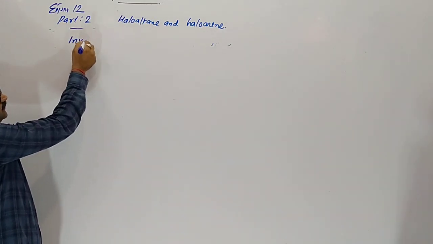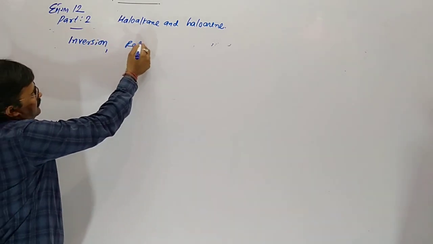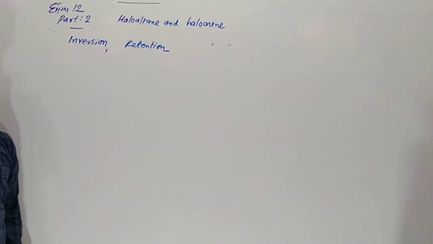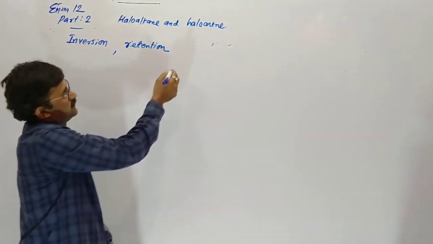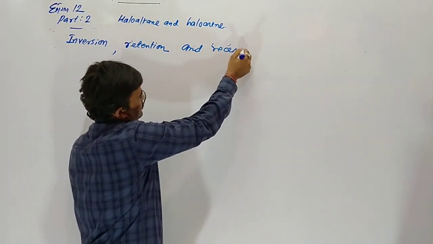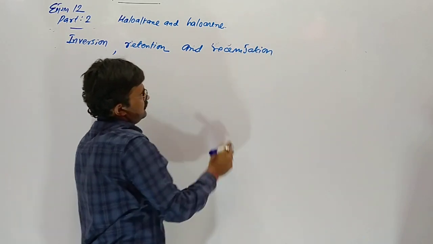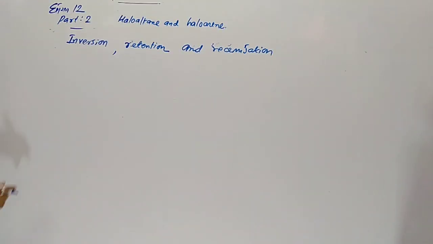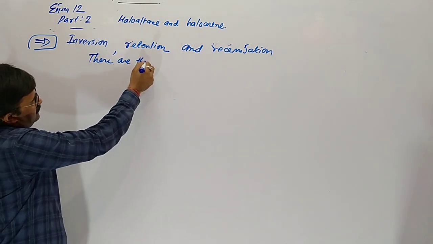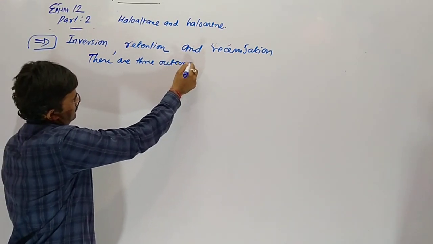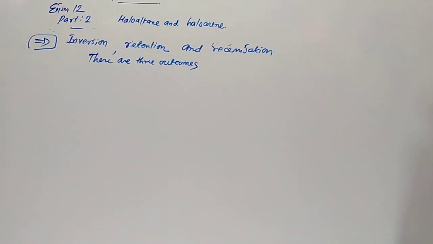Retention is solved, not over; the new point is inversion, retention, and racemization. There are 3 outcomes for a reaction.